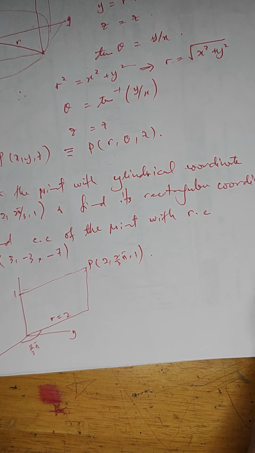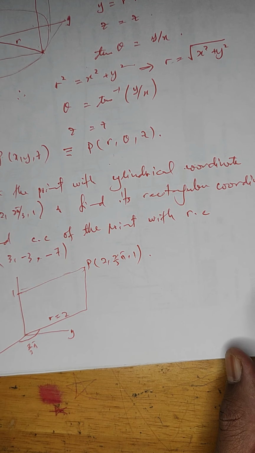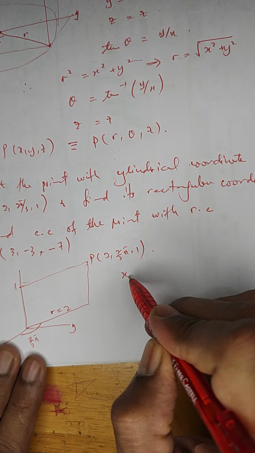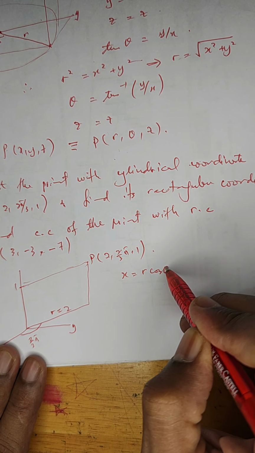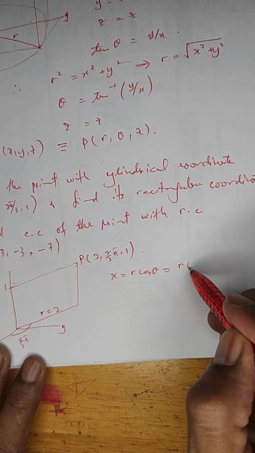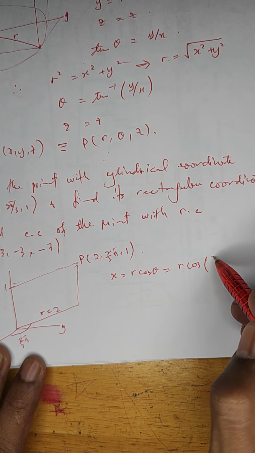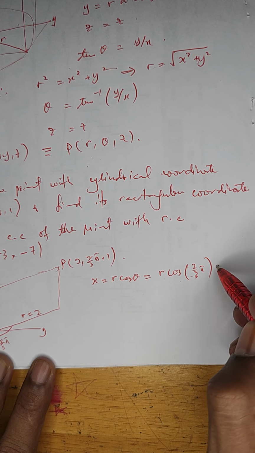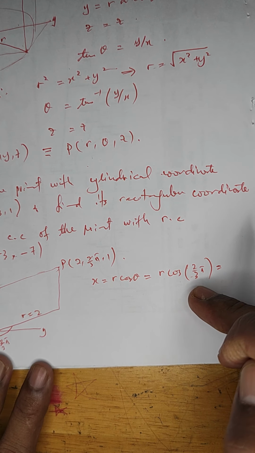So to convert to the Cartesian coordinates, we have x is given as r cos theta. So you have r cos, our theta is 2 over 3 pi.